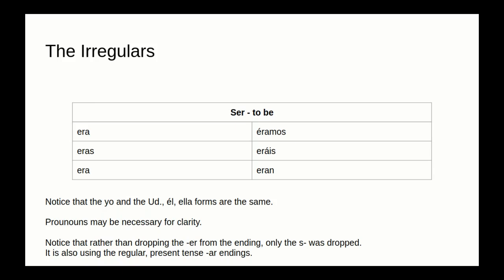But notice what was weird about the conjugation here. Normally we drop the ER off and stick our endings onto what would be the S. This time we dropped the S off, we kept the ER, and we used some unique endings that look a little bit like the present tense AR endings. Why does this happen? Simply because Spanish hates us.